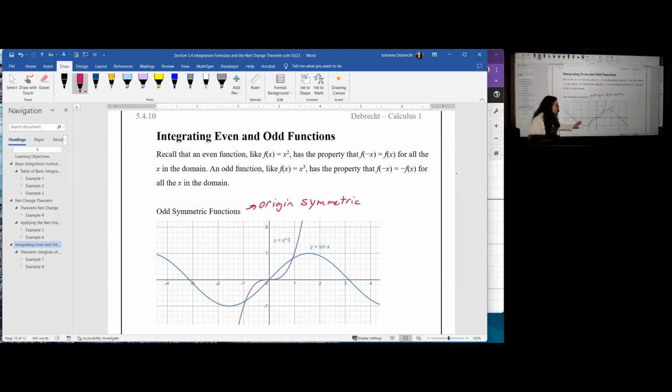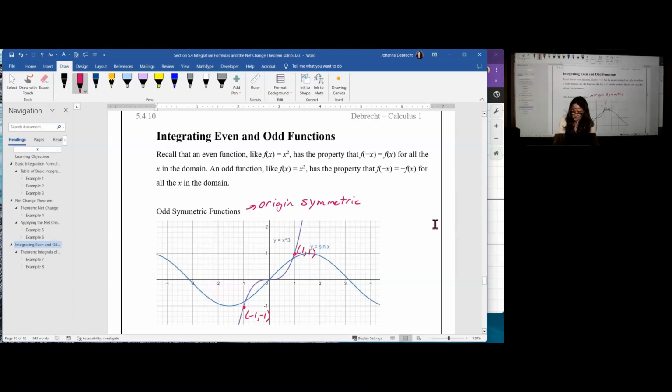What this means is that if you fold it twice, once on each axis, the graph will lay on top of itself, meaning that on the graph, if we change the value of x, say from 1 to negative 1, then we have to change the value of the y as well. That's what we mean by origin or odd symmetry.